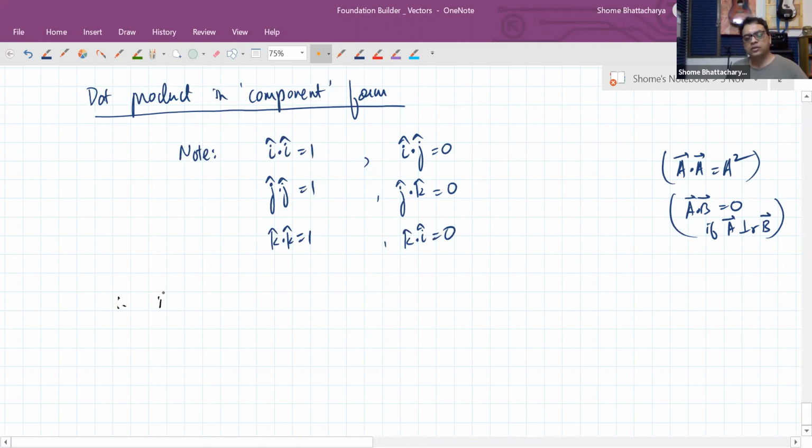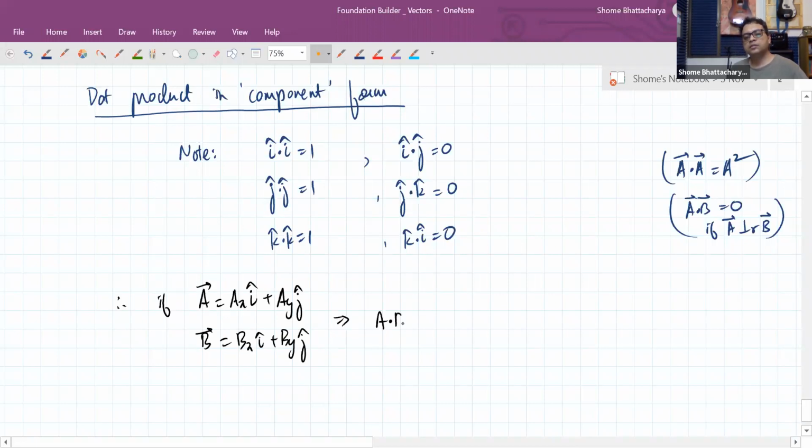So therefore, if for example vector A is Ax i cap plus Ay j cap, and vector B is Bx i cap plus By j cap, then when we write A dot B, we can just use the combination of these formulae above and also the distributive property.